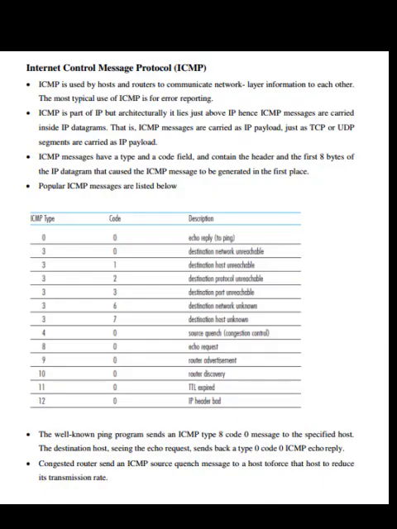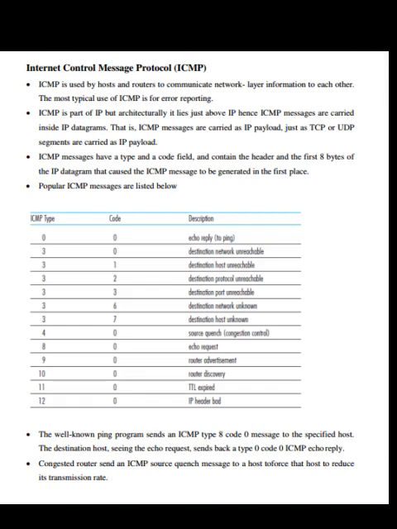Internet Control Message Protocol, ICMP. ICMP is used by hosts and routers to communicate network layer information to each other. The most typical use of ICMP is for error reporting. ICMP is a part of IP, but architecturally it lies just above IP. Hence, ICMP messages are carried inside IP datagrams.